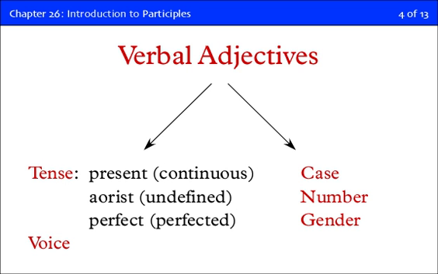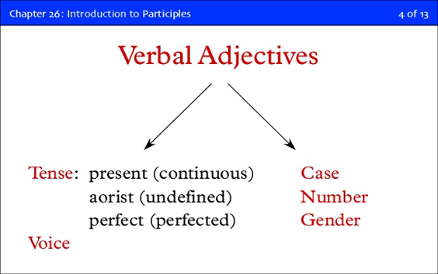If you have a participle that's formed on the aorist tense stem of the verb, it is describing primarily an undefined action. And if the participle is formed on the perfect tense stem of the verb, then its aspect is perfected. It describes an action that was brought to completion with ongoing consequences.